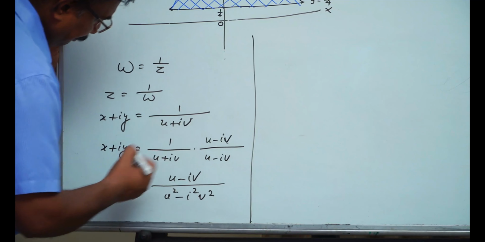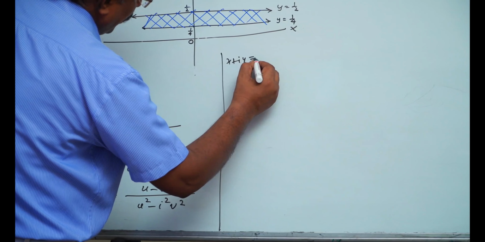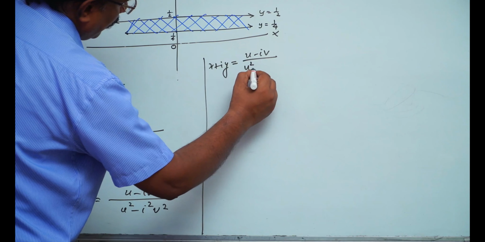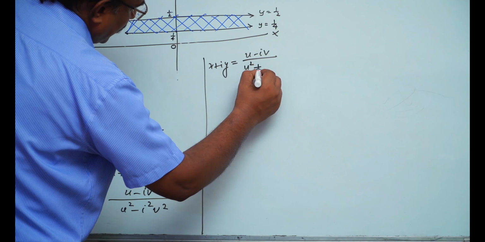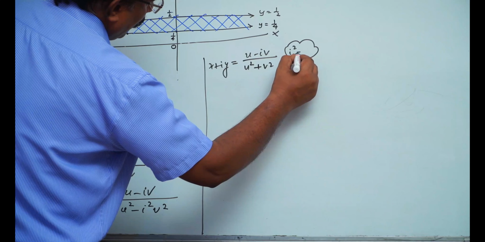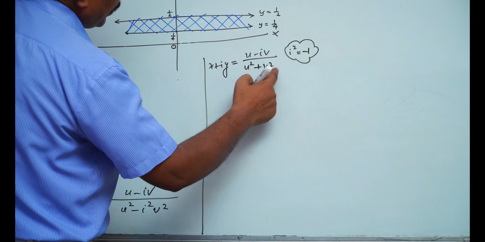So x + iy = (u - iv)/(u² - i²v²), and because i² = -1, I get plus v².